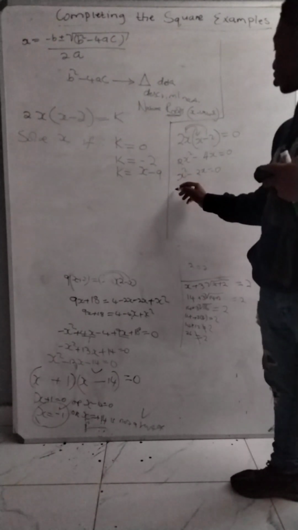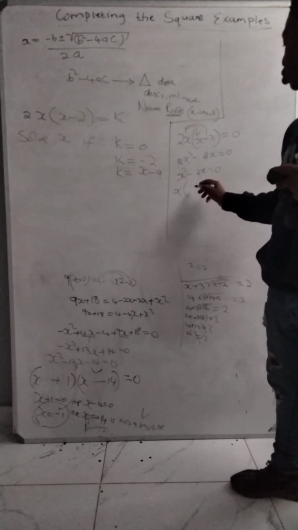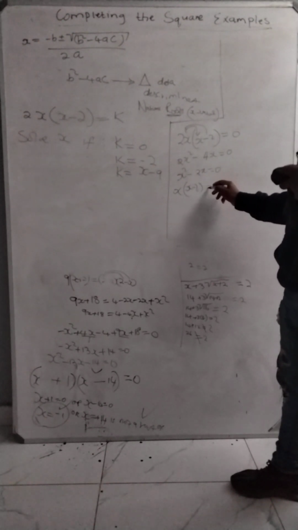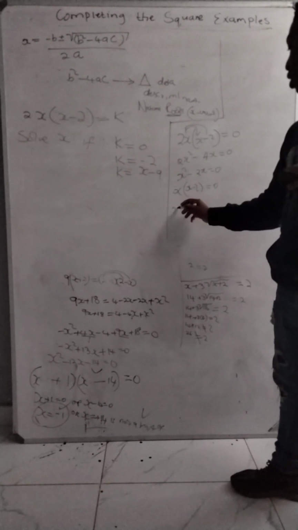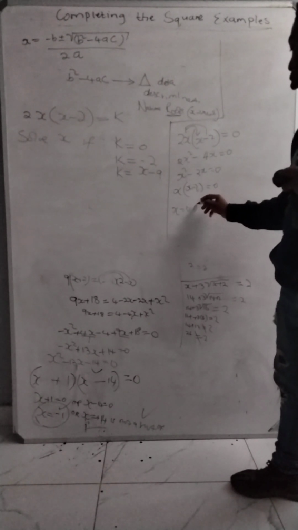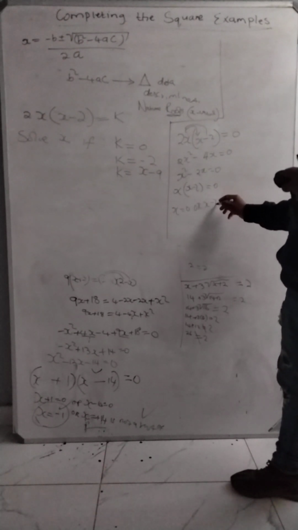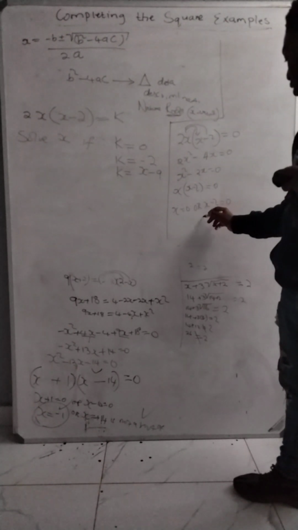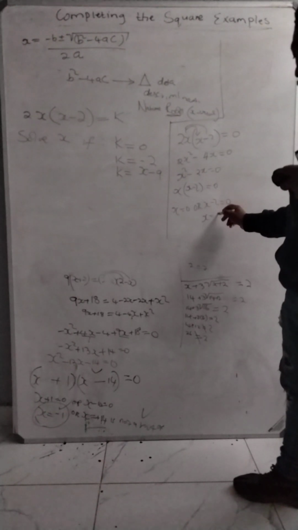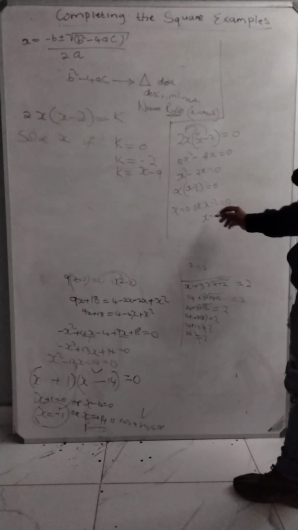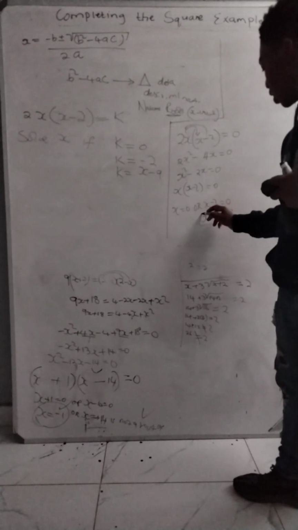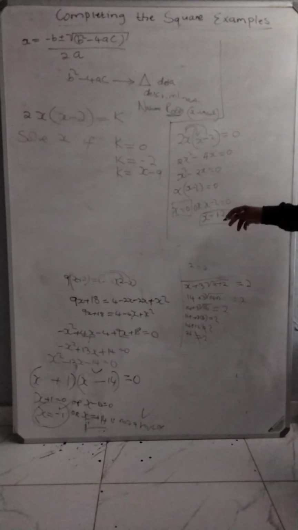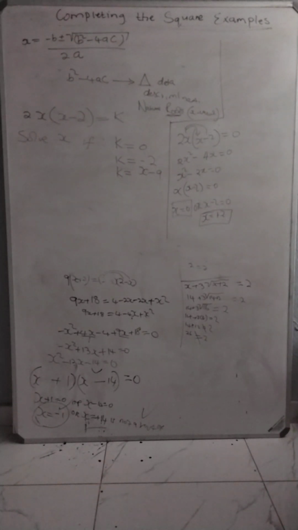Then you factorize, you have x into x minus 2 is equal to 0, then you have x is equal to 0 or x minus 2 is equal to 0. Here you have x is equal to positive 2. So you have your roots as x is equal to 0 or x is equal to positive 2.